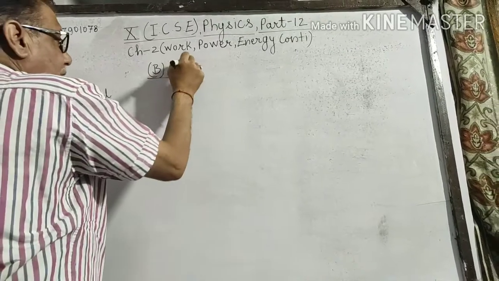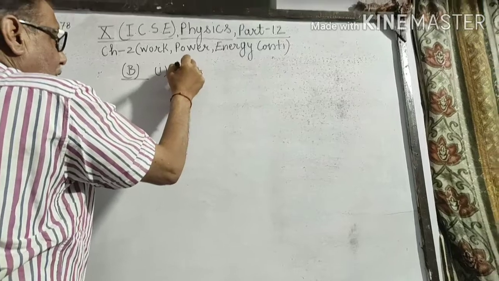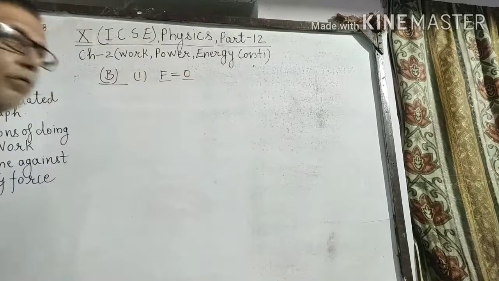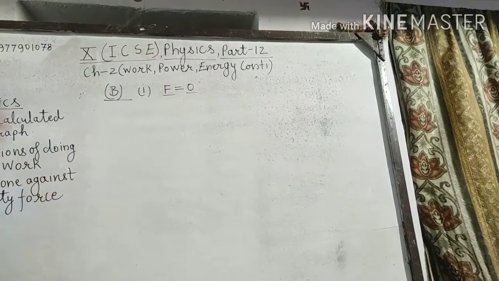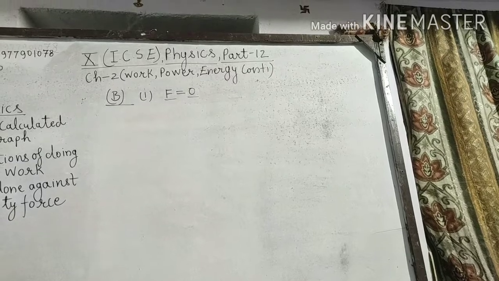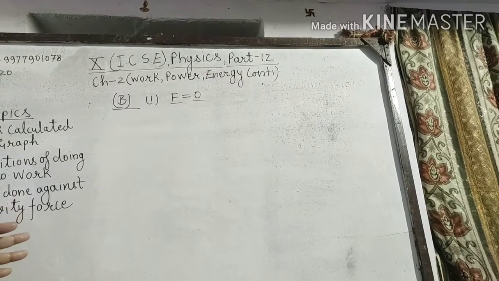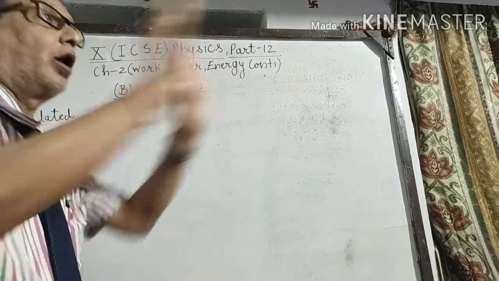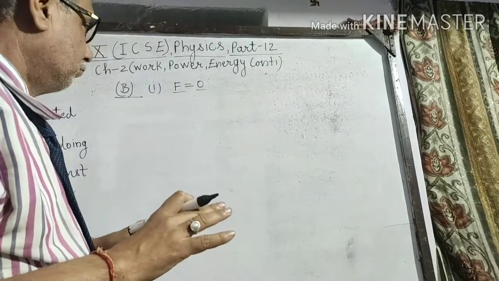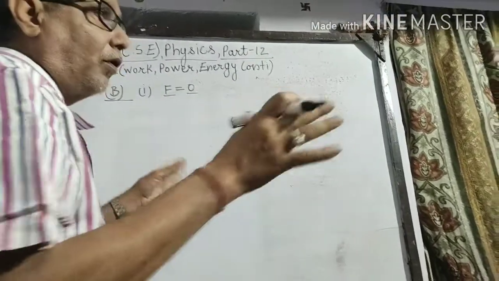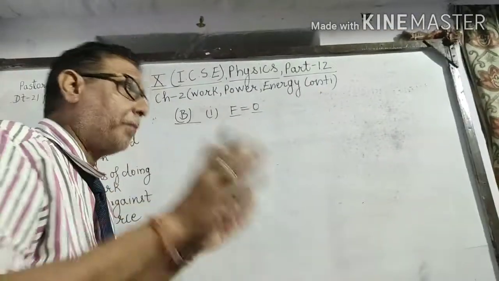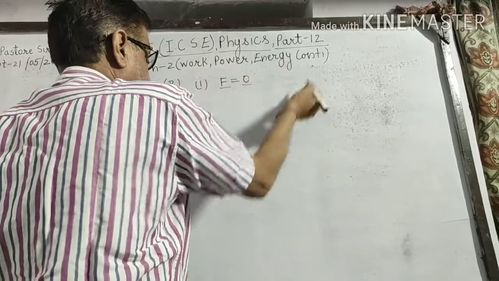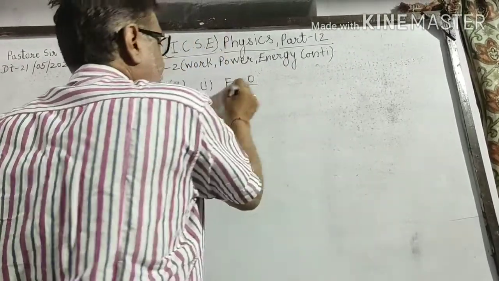So the first condition is when the force is zero, when no force is applied on the body. For example, you are pushing a wall and applying force on the wall. In another case, the force is zero.